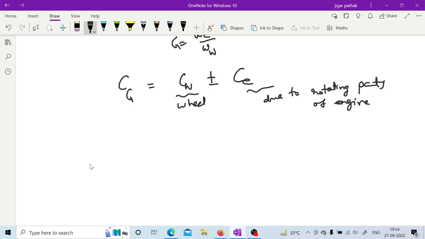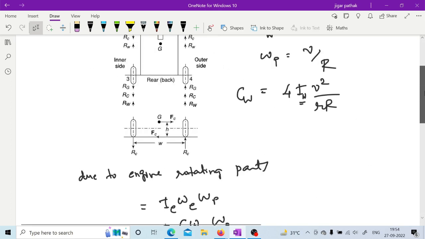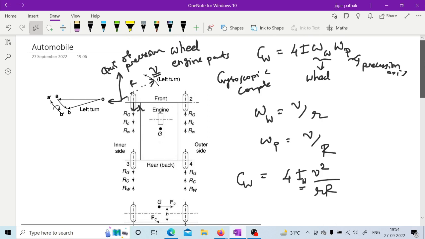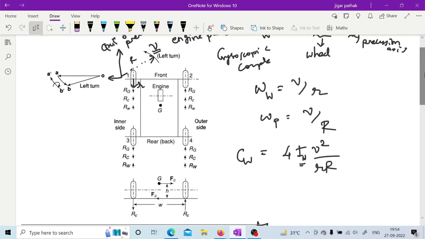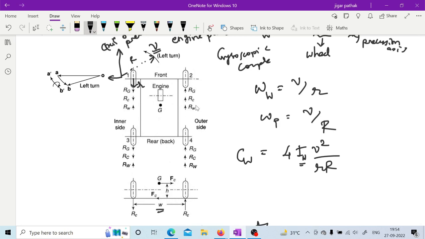Now you can also calculate the force due to this particular couple, Cw and Ce. For that you are provided this distance, right? If you consider forces on the outer wheel, see this is your vehicle and it is taking a left turn, so this will be considered your outer wheels, right? And this side your inner side, so inner wheels.